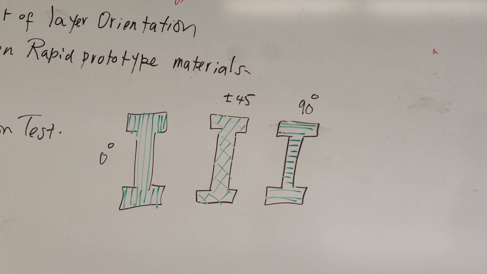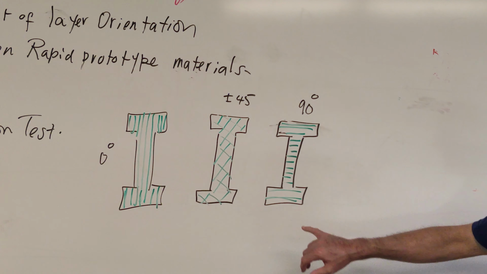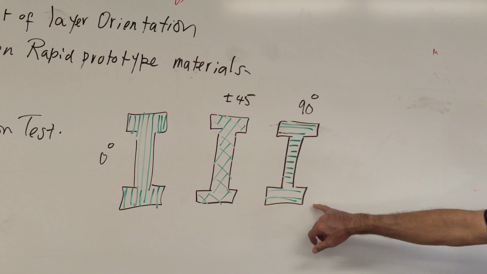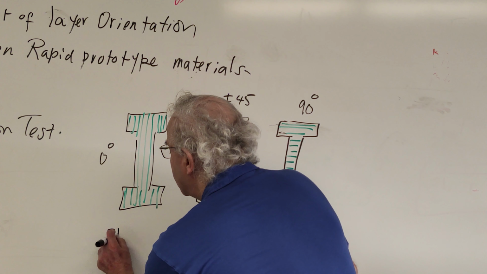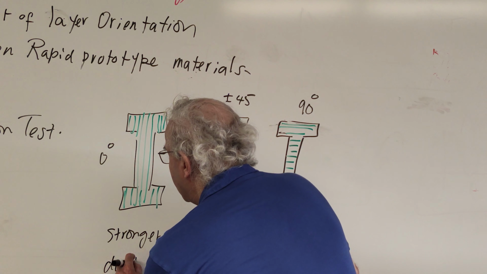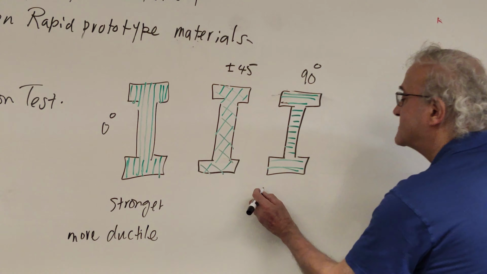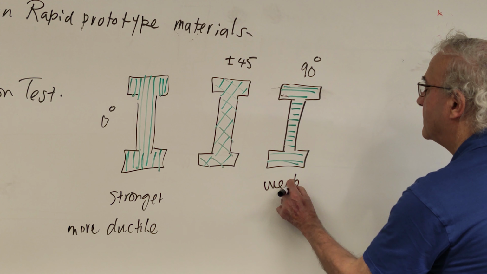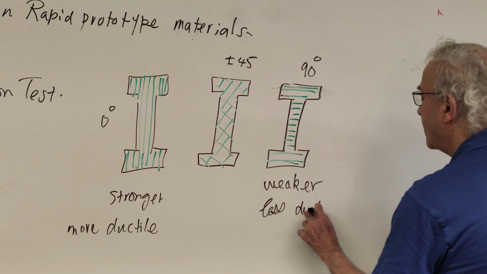Like in composites, if you produce a sample this way versus especially this way, this one will be stronger and more ductile, and this one will be weaker and less ductile.